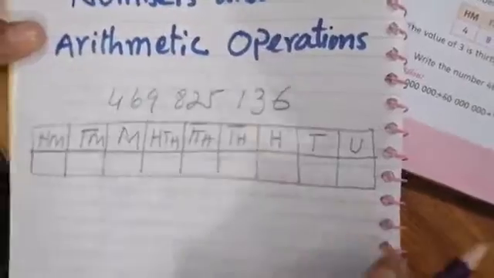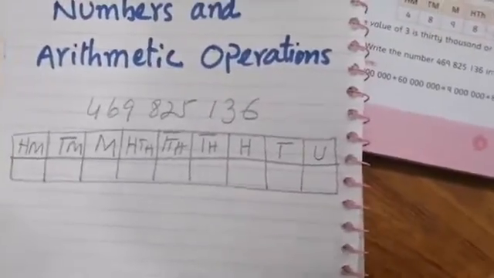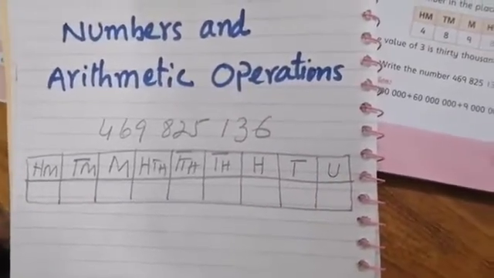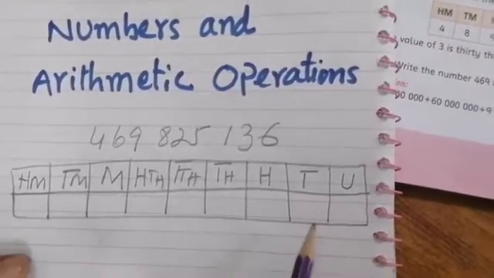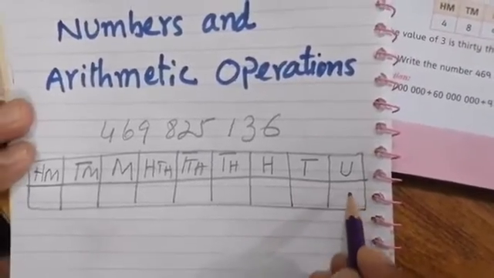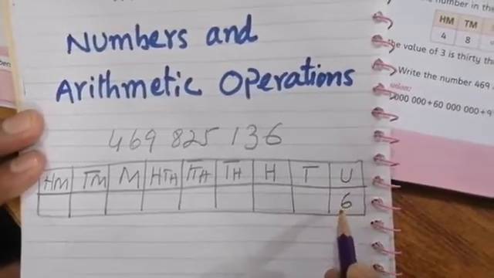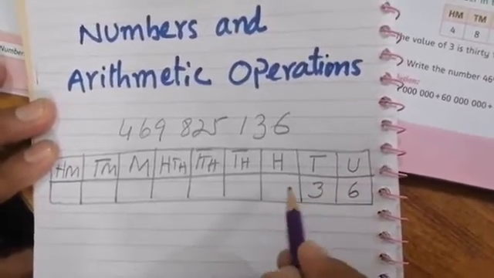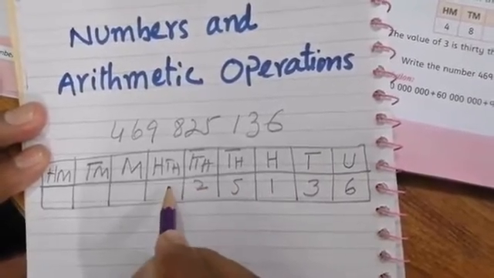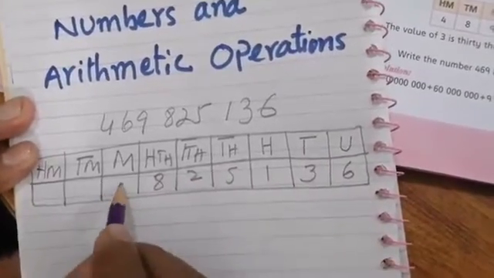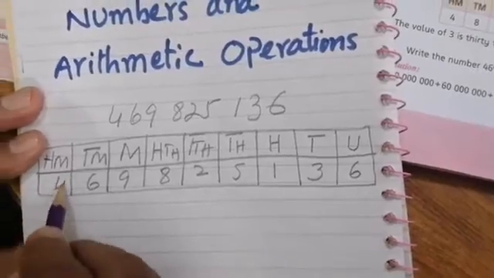Because these are 9 digits, you know that they are written from the unit place and go up to 100 million. So from the first place the digits are 6, 3, 1, 5, 2, 8, 9, 6 and 4.